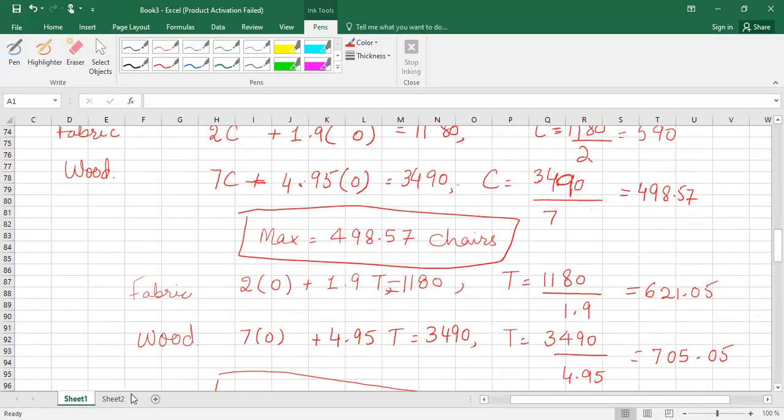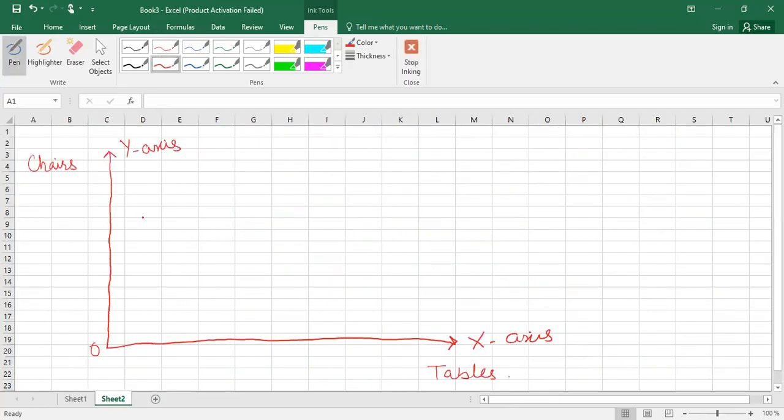So we are going to draw 7 points, like 100, 200, 300, 400, 500, 600, 700.